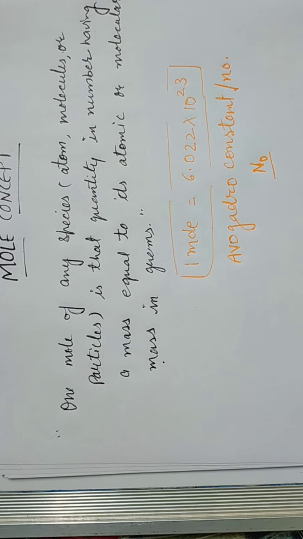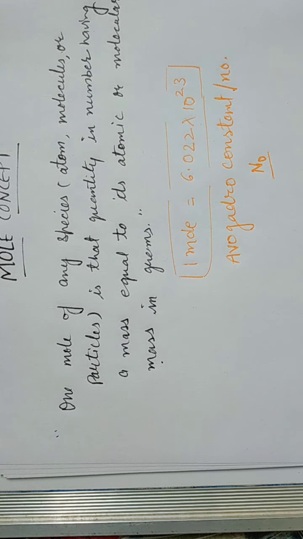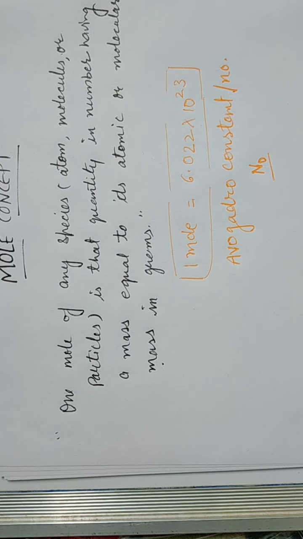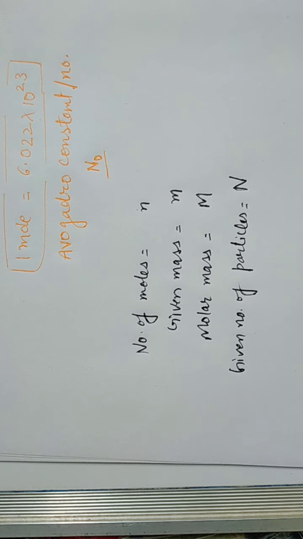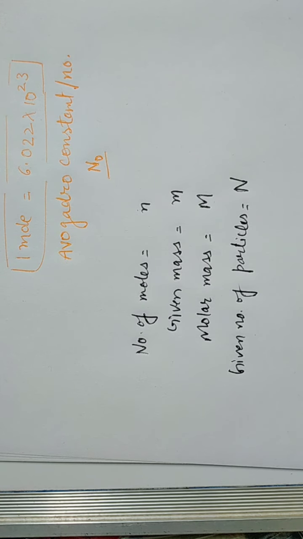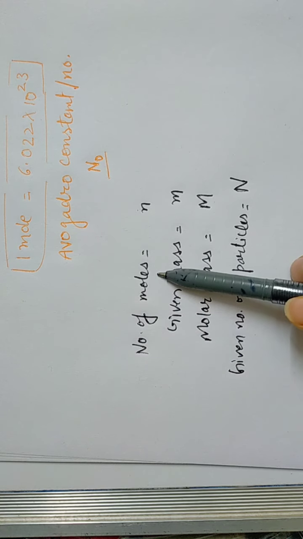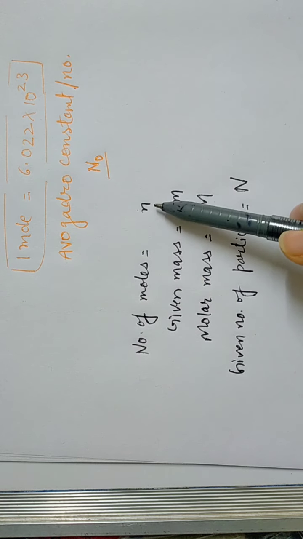In this chapter, students, mostly we have to cover numericals based on the mole concept. But before starting the numericals, we should know some terms and their symbols. Here we have some terms and symbols. The number of moles we represent by small n.